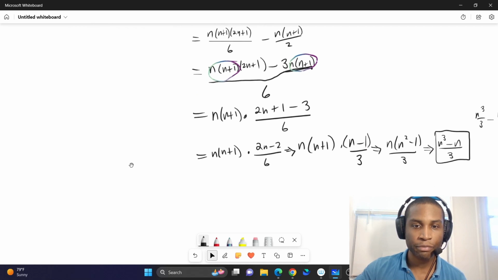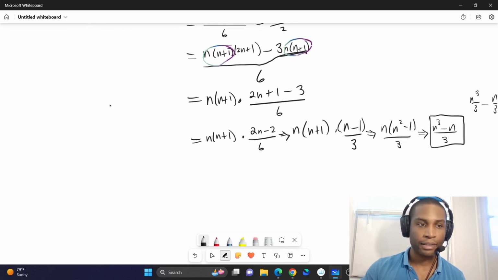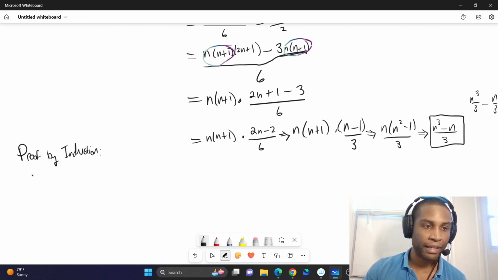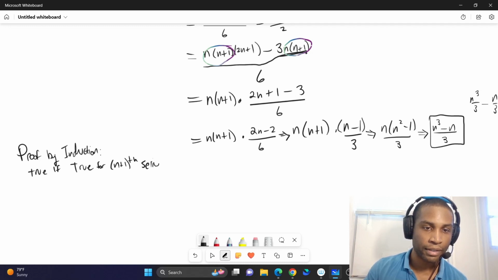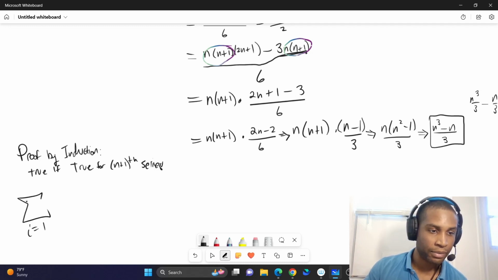So we're going to use a proof by induction. Okay, so just recall that a proof by induction means that this will be true if it's true for the n plus 1 series. The sum from i equals 1 to n plus 1 of the given sequence, i squared minus i.